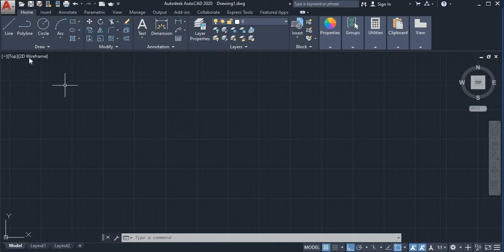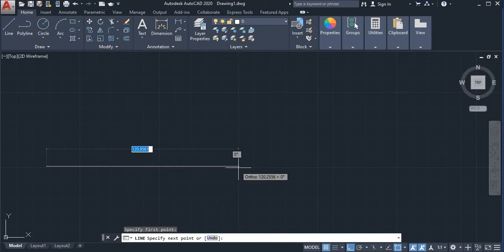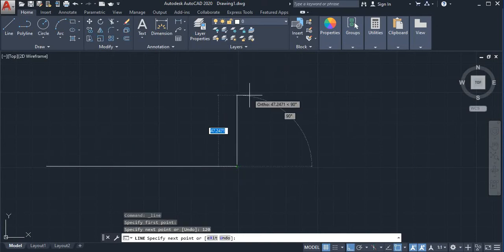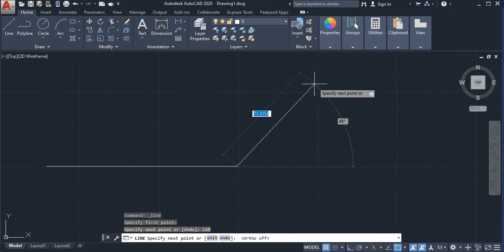First, we take a simple drawing like this. 120. Again, I will take next point 80. Then tab, 50 degree.